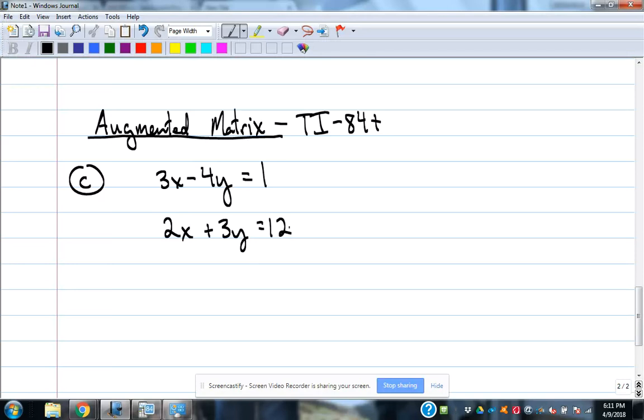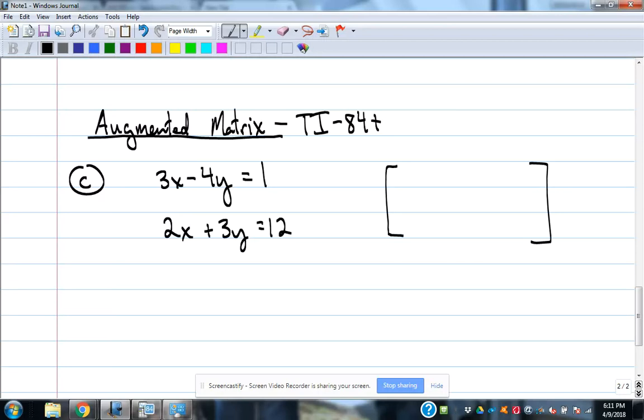What we want to do is write in our calculator an augmented matrix. And that augmented matrix is going to take the coefficients of x and y and put them on the left. And then you're going to have 3 columns. You're going to have an x column, a y column, and the solutions column.